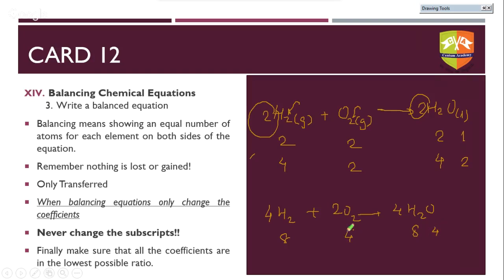So it seems that this is a balanced chemical equation, but the chemical equation is not in the lowest ratio, and therefore this would not be technically the best way of writing a chemical equation. So when you write a chemical equation, write them in the lowest possible ratio, as well as balance this equation using the coefficients that you can have as minimal as possible, and do not change the subscripts, only change the coefficients.